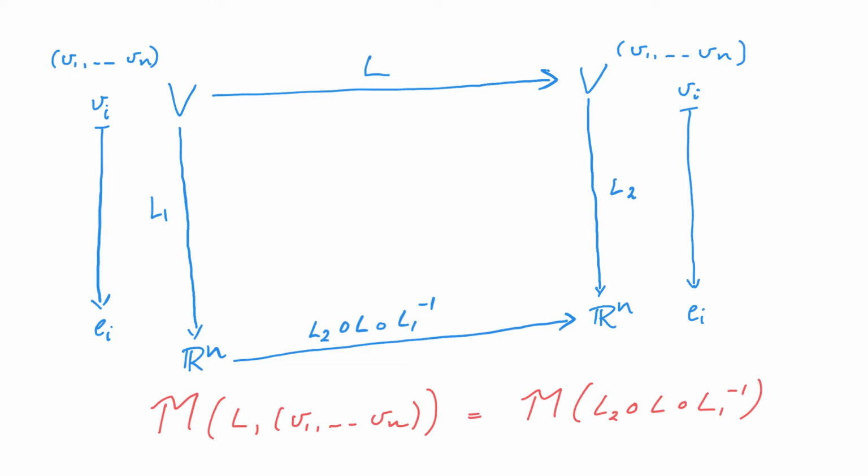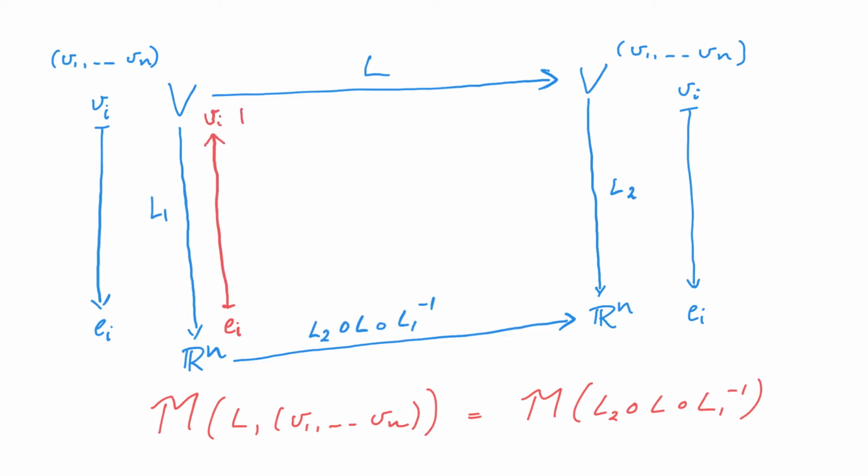So now we just need to find the matrix of L2 composed with L composed with L1 inverse. But notice that under L1 inverse, e_i gets mapped to v_i.